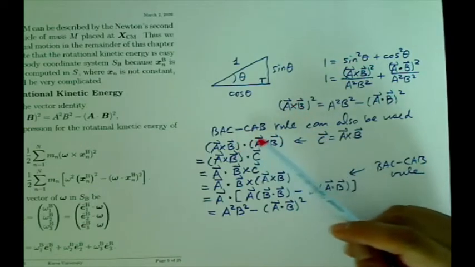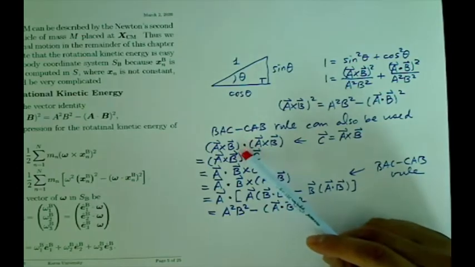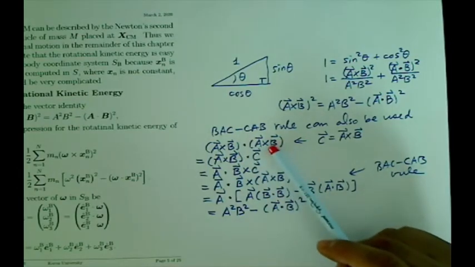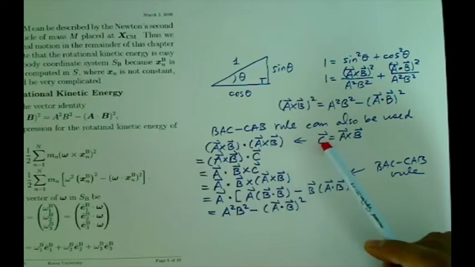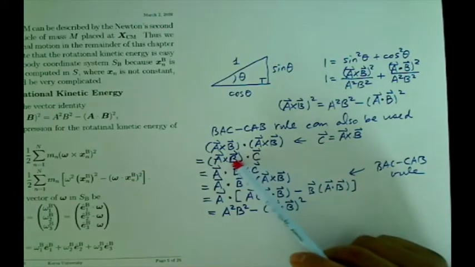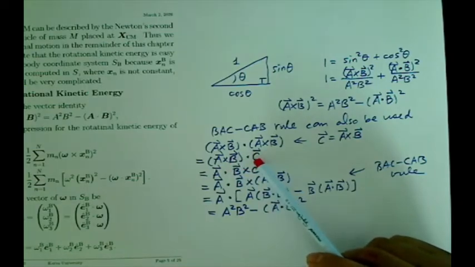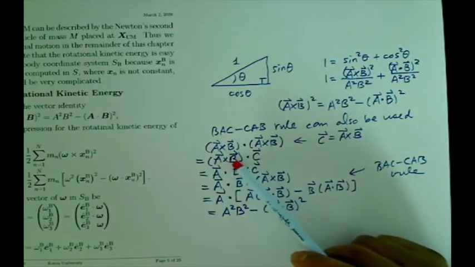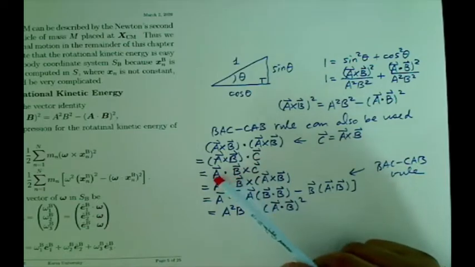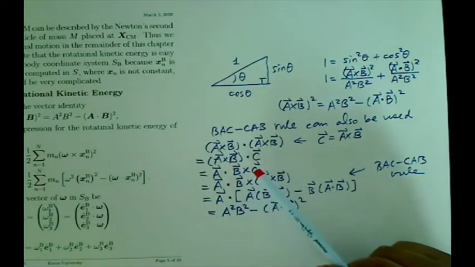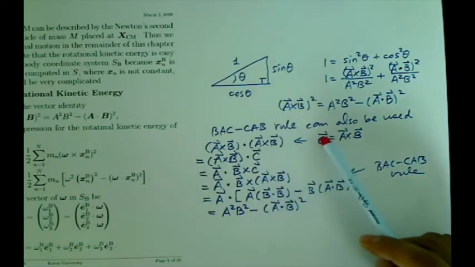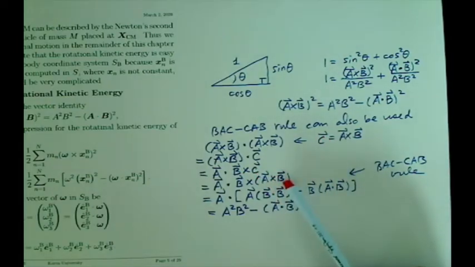Just copy this result, and we replace A cross B with the capital C, and this becomes a triple scalar product. We reorder this triple scalar product, and we get A dot C. Again, we substitute C, returning to A cross B. Now this is a triple scalar product that can be computed by making use of the BAC-CAB rule.